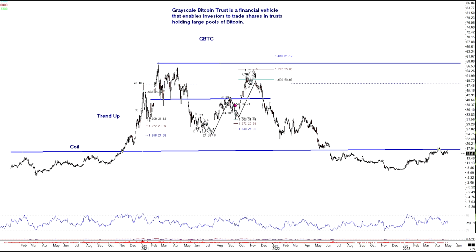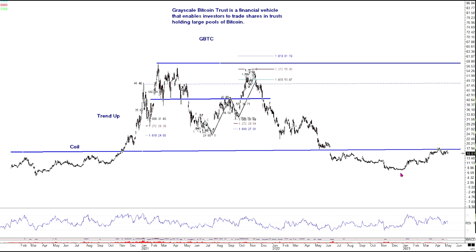This is called an ABCD. This is called a Gartley sell pattern. And then this swing here ended with one of the butterfly patterns that I just told you about. And then a big decline broke this support level and more decline below that. Now, these lows right here on GBTC are important.